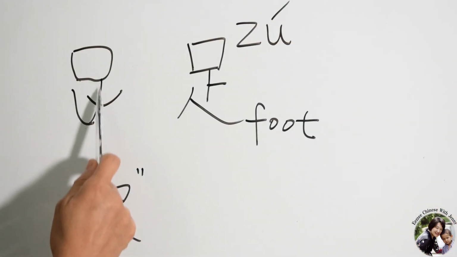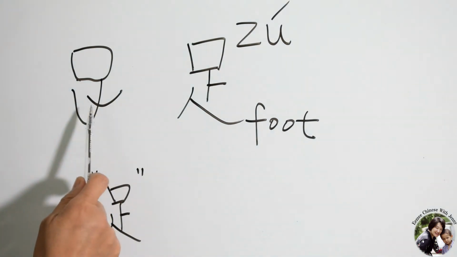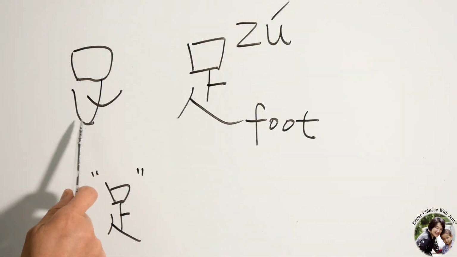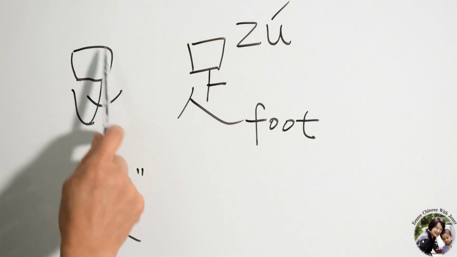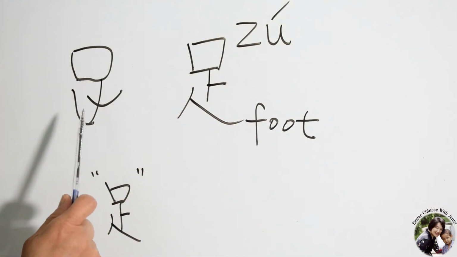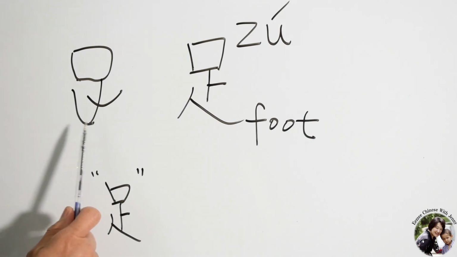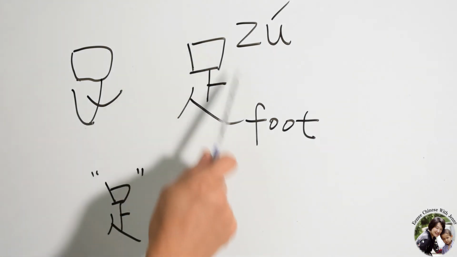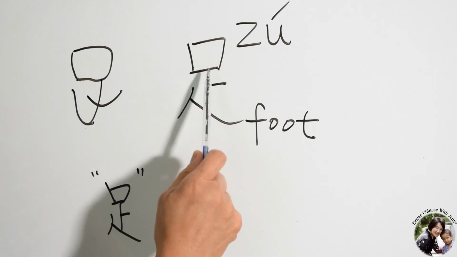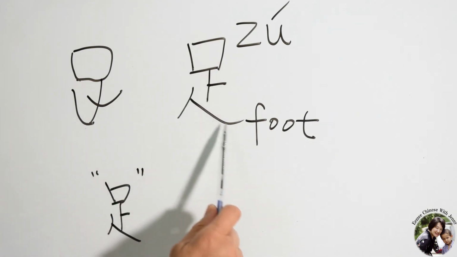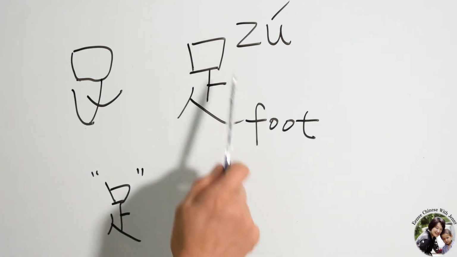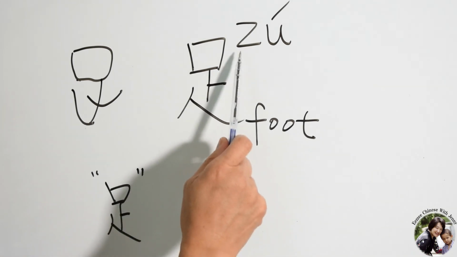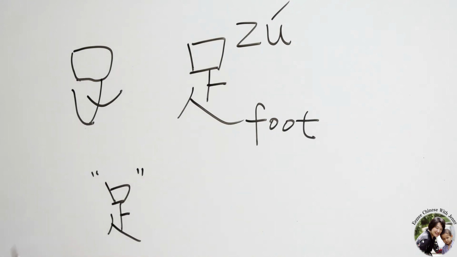Remember, this is the image of your left foot. And actually, I don't know where this mouth on top comes from. I didn't find out, even though I checked several books. But together, the mouth on the top and your foot on the bottom still means your foot. The pronunciation is zu, the second tone.